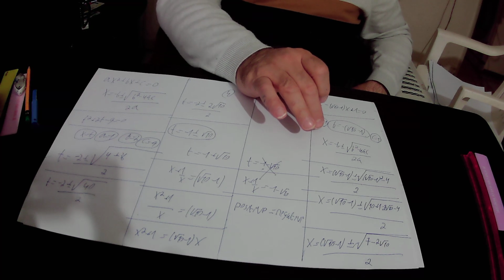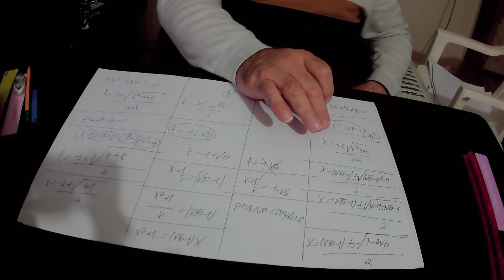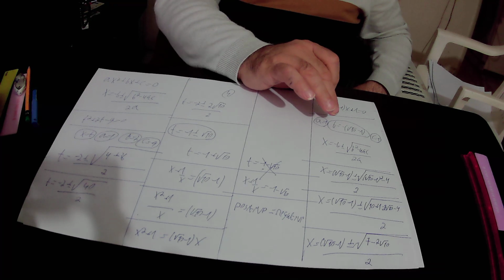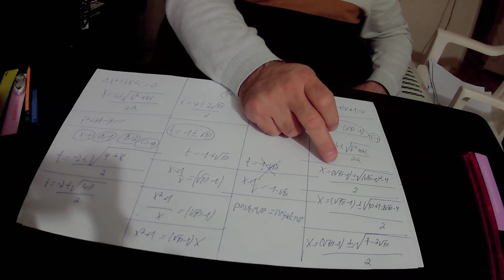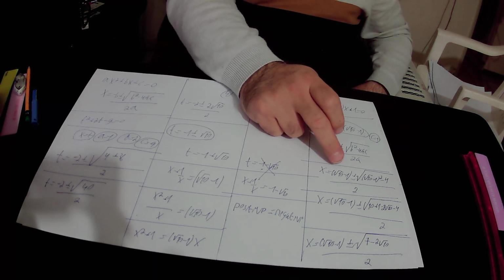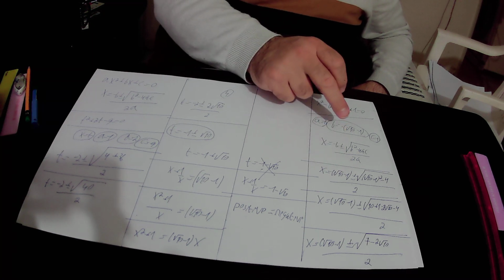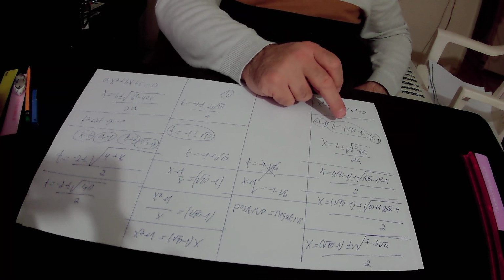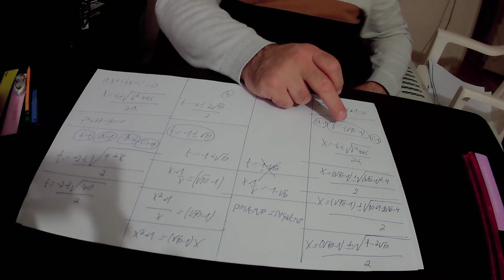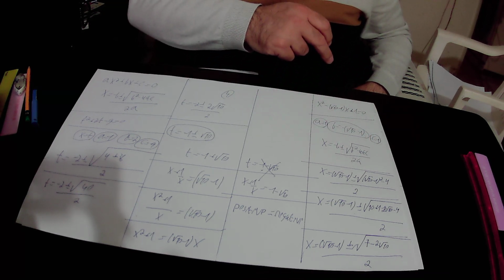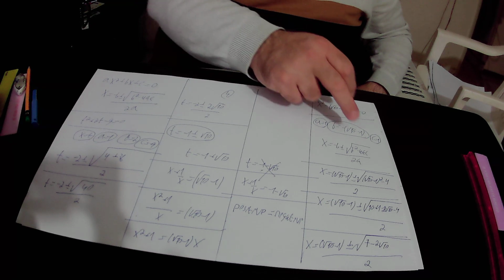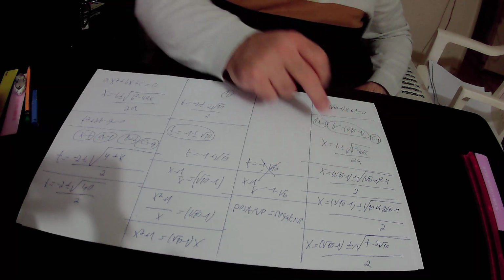So we did it, and we got that x equals minus b plus or minus the square root of b squared minus 4ac, all divided by 2. Here b is minus square root of 10 minus 1, so minus b is plus square root of 10 minus 1, and b squared is square root of 10 minus 1 squared. A is 1, c is 1, so minus 4ac is minus 4.